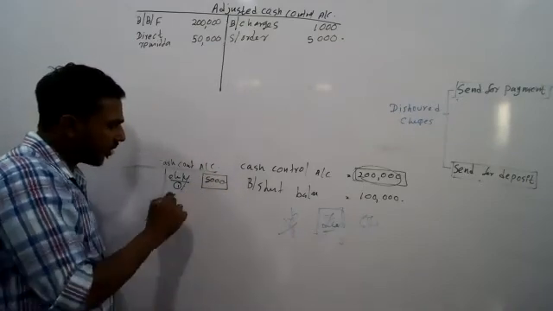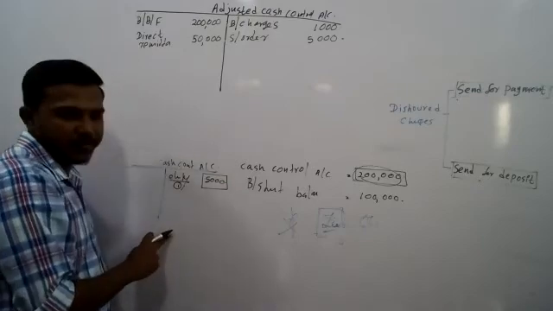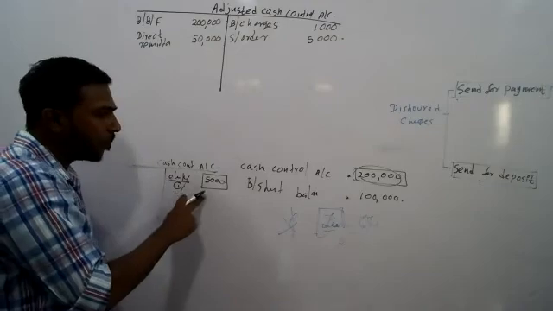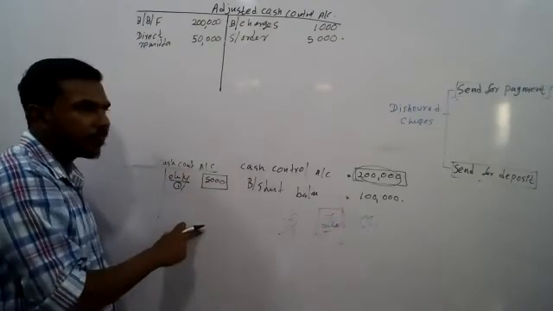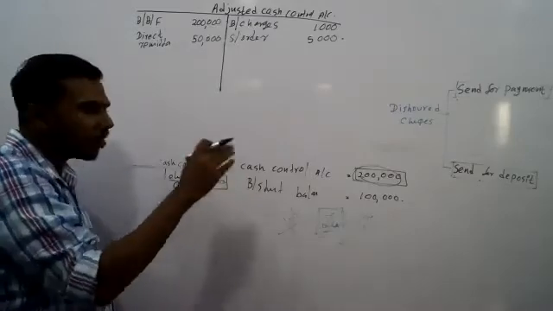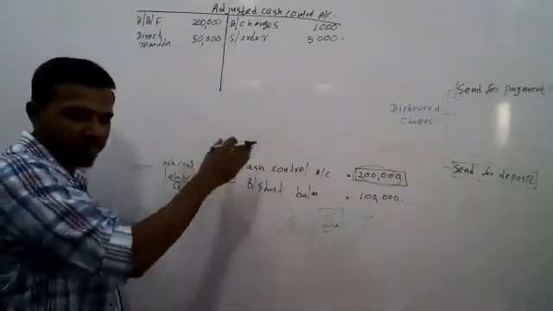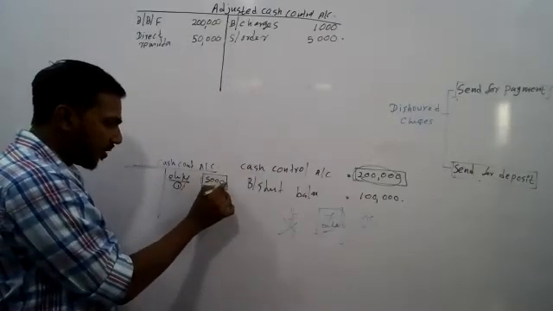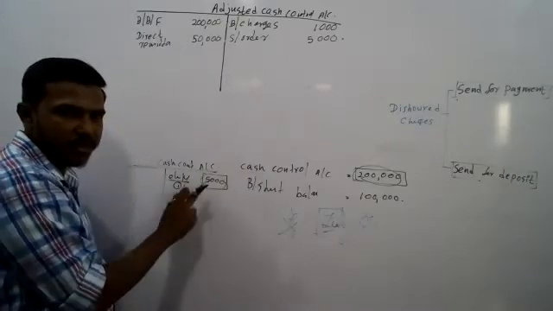See? The electricity bill you pay is sent for payment. The check is sent for a payment, not for a deposit. Electricity expenses, so it's a payment.